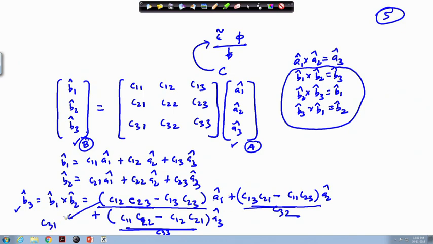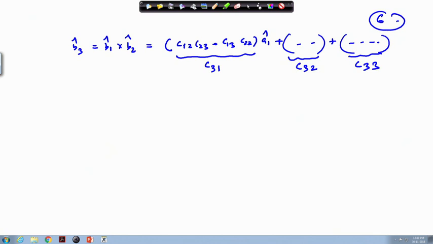So, that indicates that C 31 is equal to this, C 32 is equal to this and C 33 is equal to this. So, that means all the 9 components are not independent. Okay. If you get any 6, the other 3 you can get using this relationship.